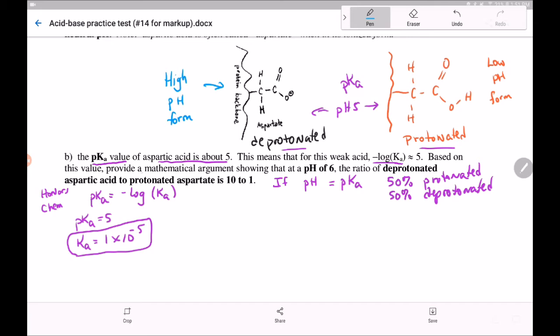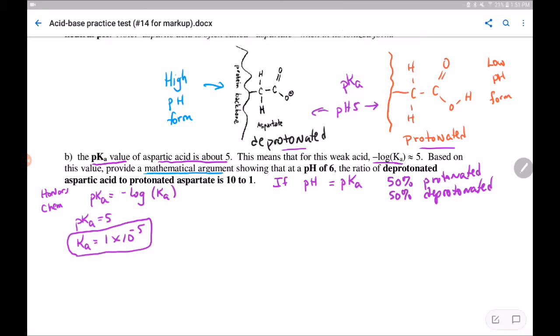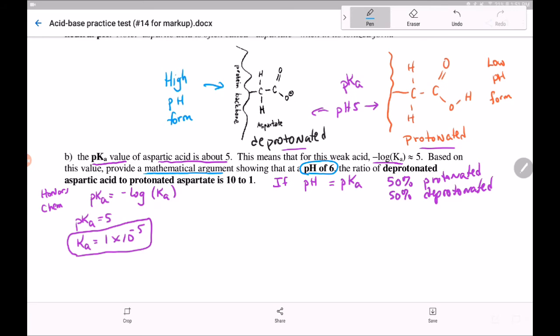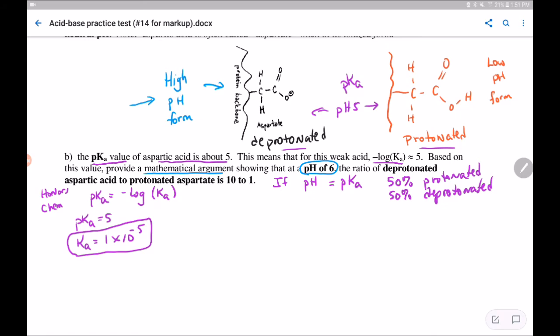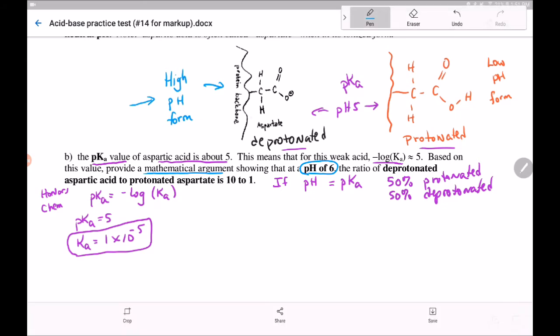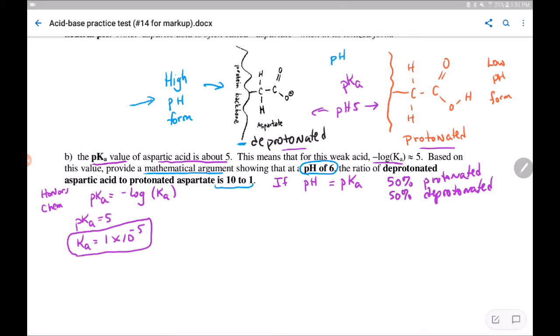Now, the question here says, what if the pH is 6? You should realize that pH 6 is getting to be a higher pH. That will tilt the equilibrium in favor of the aspartate that is deprotonated. At pH 6 will be mostly deprotonated.